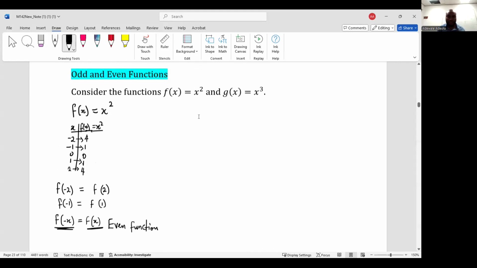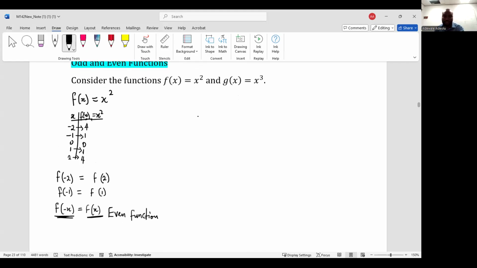Also, let us look at g of x equals x raised to power 3. Again, I pick some points: -2, -1, 0, 1, 2.